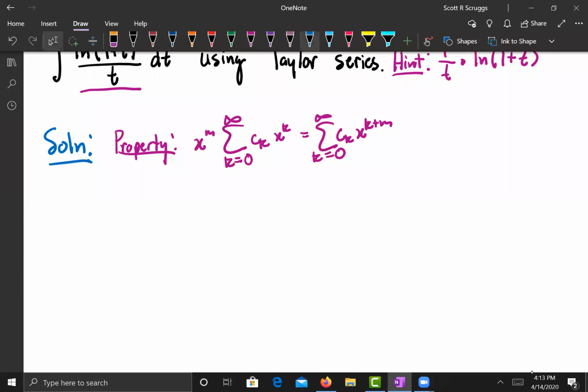And so let's do that with 1 over t times natural log of 1 plus t.